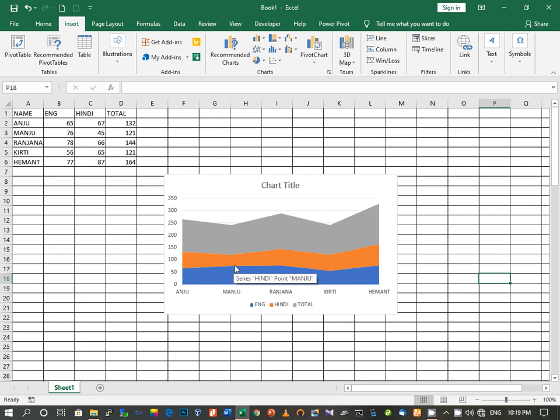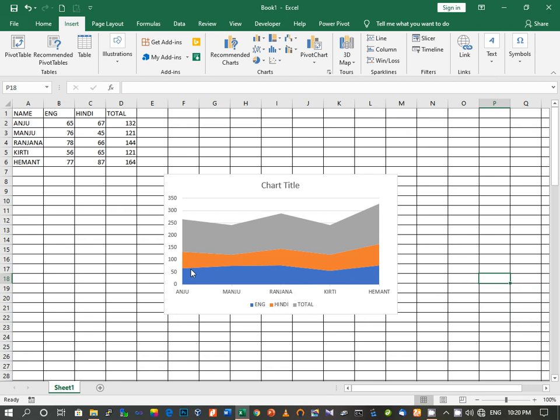Then Ranjana got 78, a very small difference between 76 and 78, so this is parallel. Then Ranjana and Kirti, the marks is 56, there is a big difference, so again the line is coming down. Then Hemant, again this is going up because he got 77.